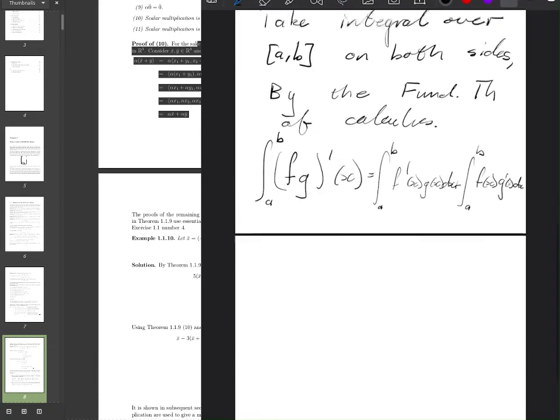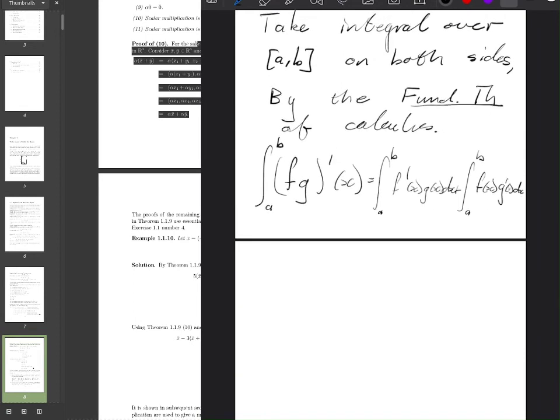Okay, and now by the fundamental theorem of calculus, we're taking the integral of the derivative, so this term just becomes f of x times g of x evaluated at the endpoints.